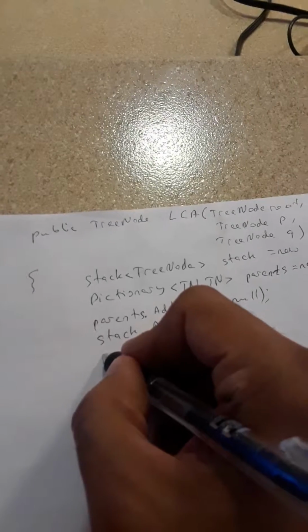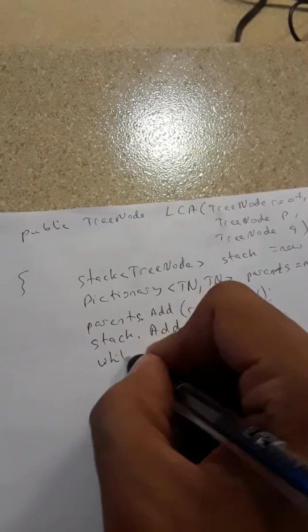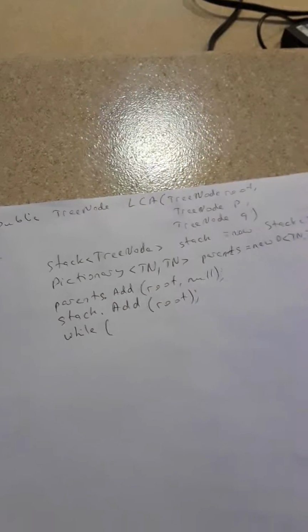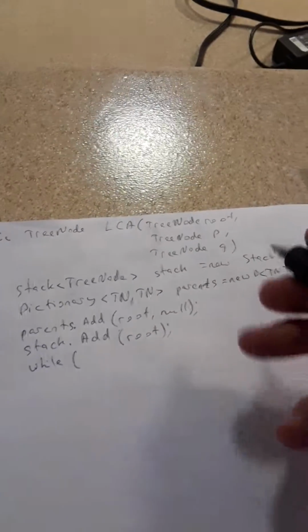Then I will start iterating through all nodes in the binary tree until I find my P and Q nodes.